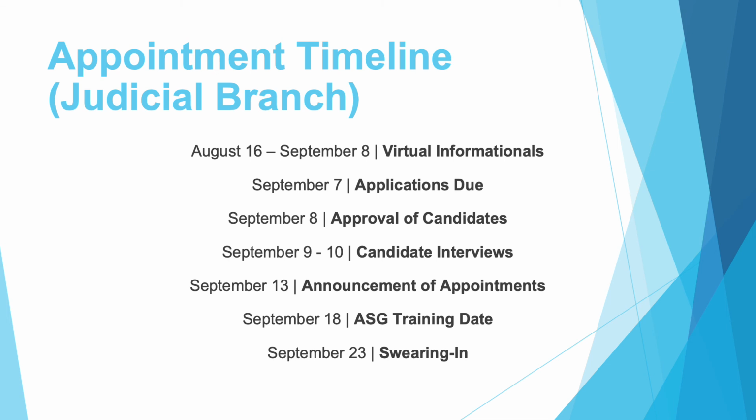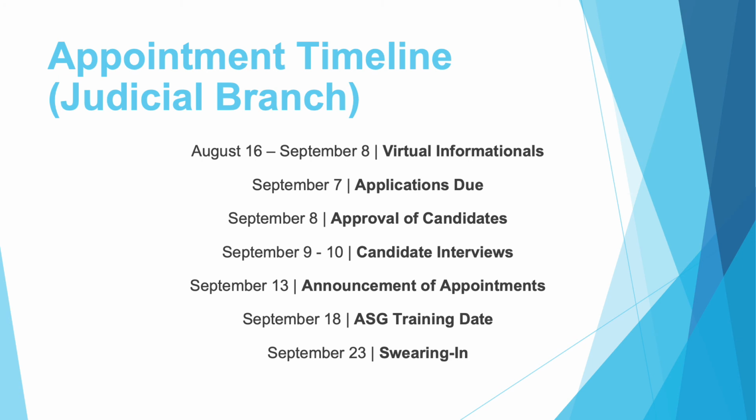The timeline for the Judicial Branch selection is fairly similar to that of the Senate elections. We have the same virtual informationals, the same application due date, and the same date for the approval of the candidates. However, it starts to differ after that.